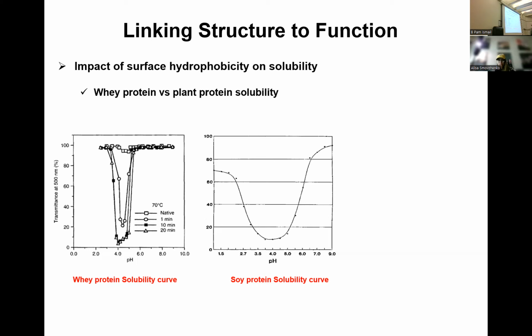I'm not picking on anyone, I'm trying to show you that you know this. It is globular, very globular. It does have hydrophobicity, but what's unique about it on the surface?